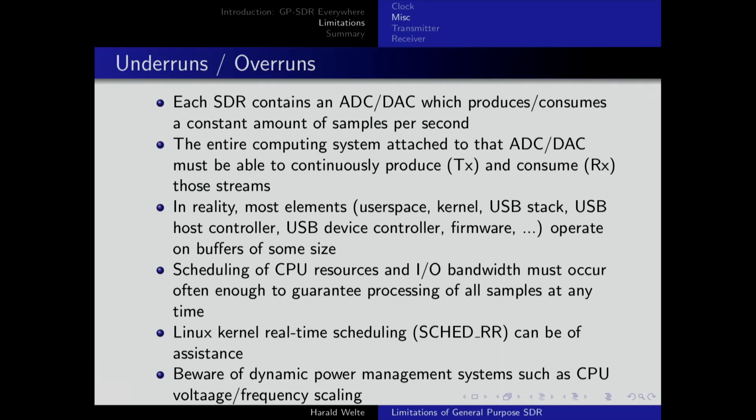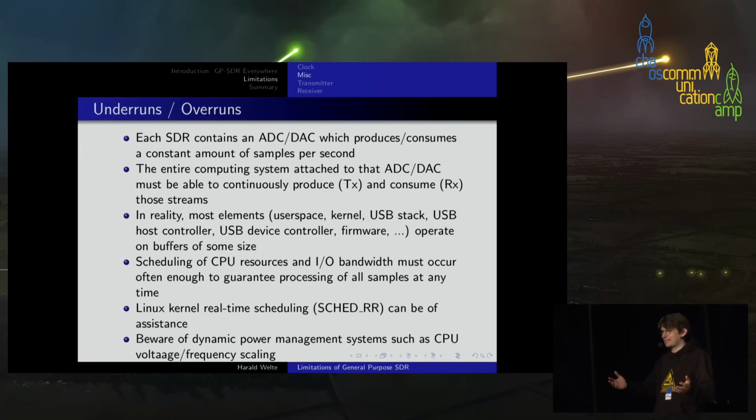And all of these different devices have buffers, because they're not really designed for continuous streaming transfer. A buffer containing 100 samples means your stuff gets delayed by 100 samples.